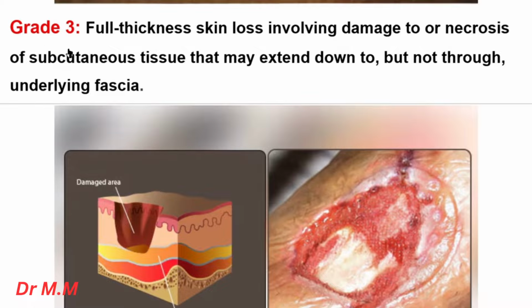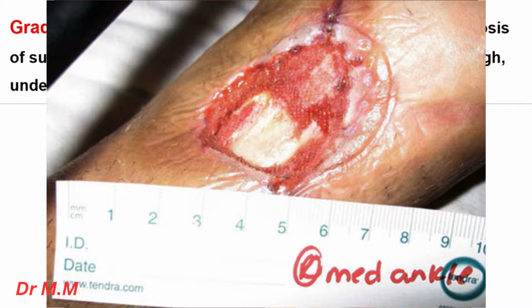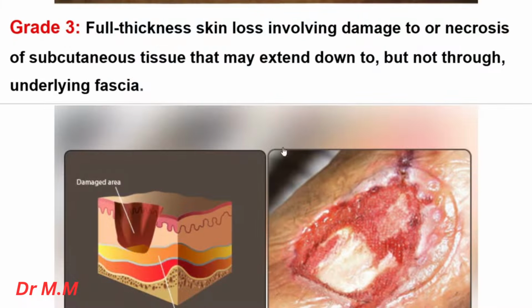In grade 3, the patient has full thickness skin loss involving damage to or necrosis of subcutaneous tissue that may extend down to but not through underlying fascia. Here we can see full thickness skin loss involving damage or necrosis of subcutaneous tissue, but here, as we can see, the underlying fascia is intact and is not damaged.